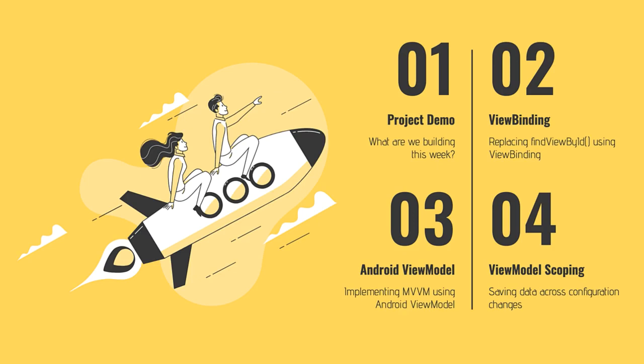Then we'll talk a bit about ViewBinding and how we can use it to replace calls to findViewById. We'll then introduce the Android Architecture Component ViewModel and talk a bit about MVVM and how we can use the ViewModel in that architecture. And then finally, we'll wrap it up with a brief overview of ViewModel scoping and how we can use ViewModel scoping to save data across configuration changes.